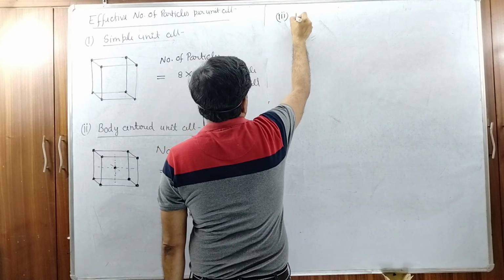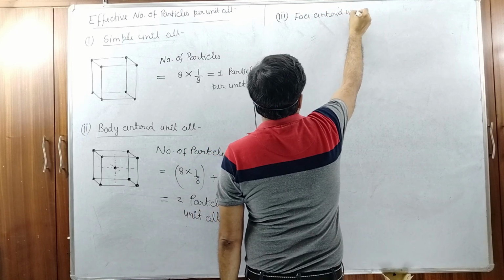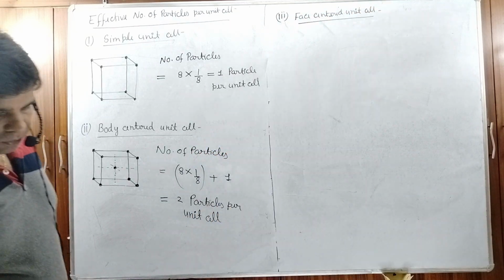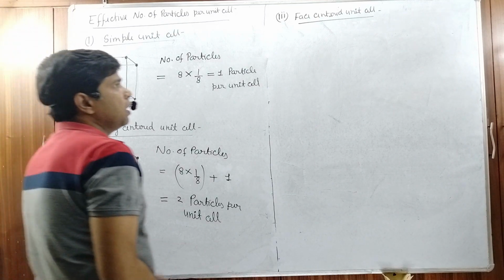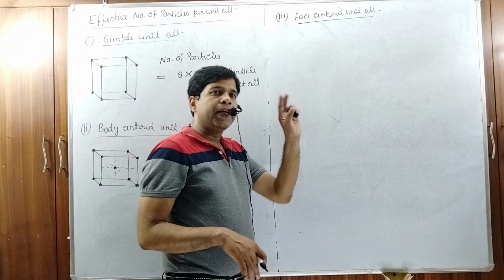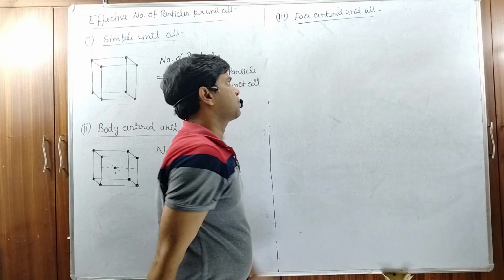Third one is the face centered unit cell. In the face centered unit cell, the particles are present at the corner, and in addition to the corner, they are also present at the face centers.